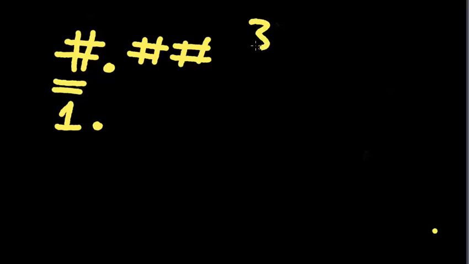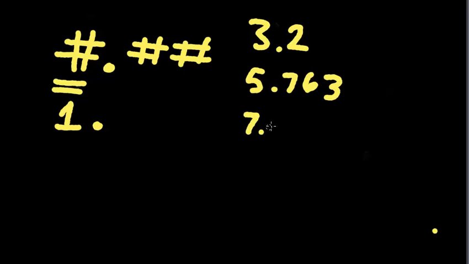So it can be something like 3.2 or 5.763 or 7.1492. They always start off with just one number here and a certain number of numbers to the right of that decimal point.